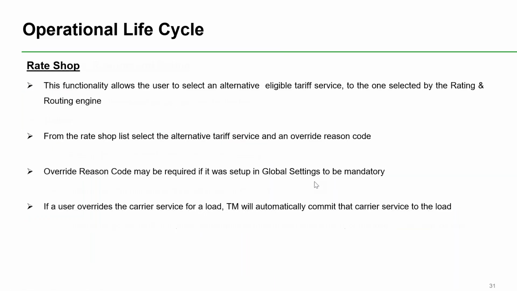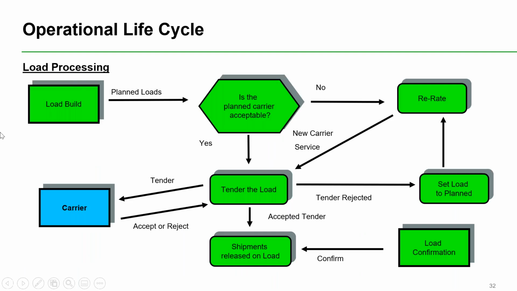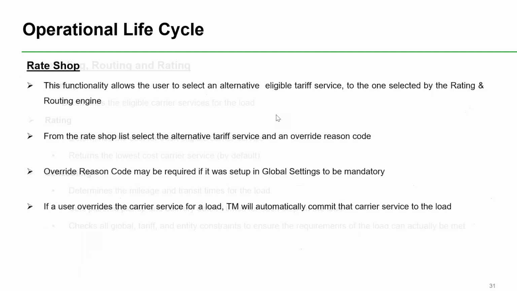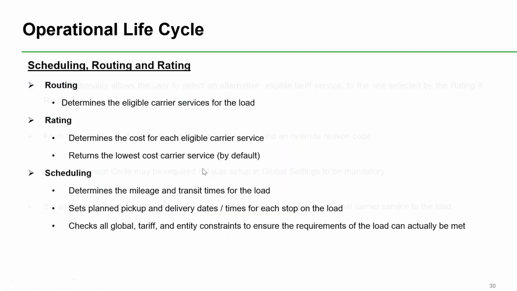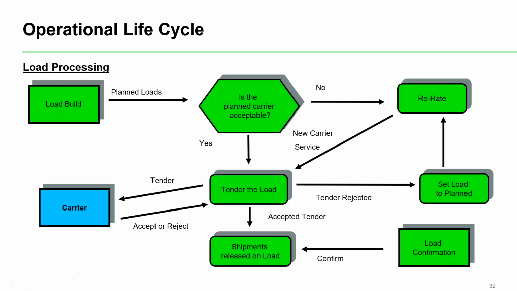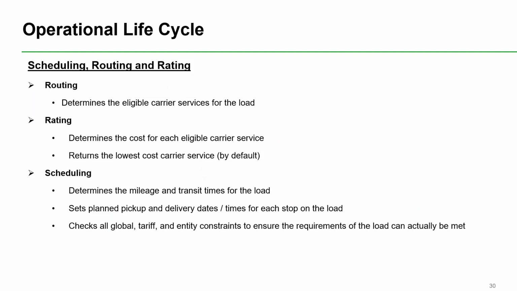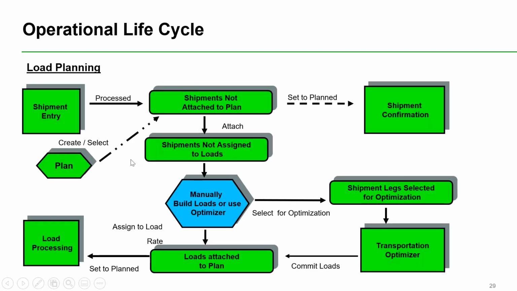I will show you one more thing. This is the continuation: after load build, this is the load processing. This is the first slide and this is the continuation slide. Are you okay with the first slide? Any question?